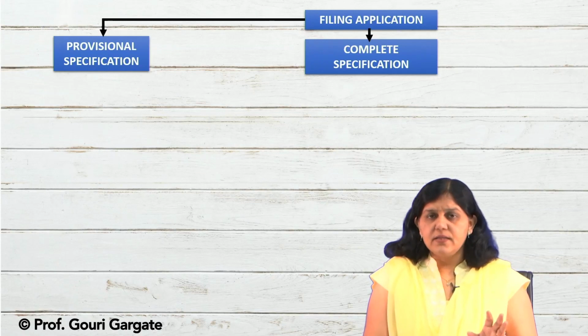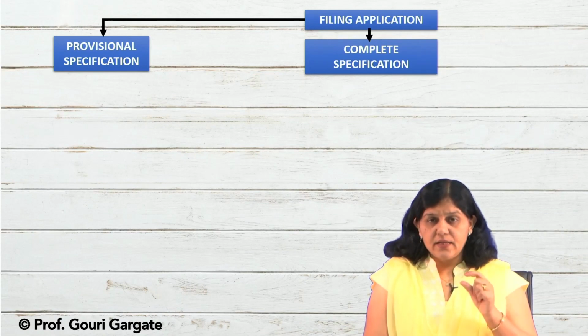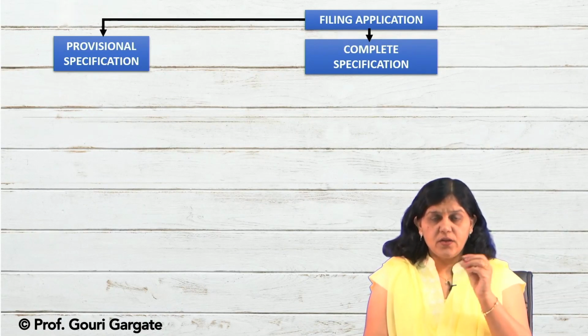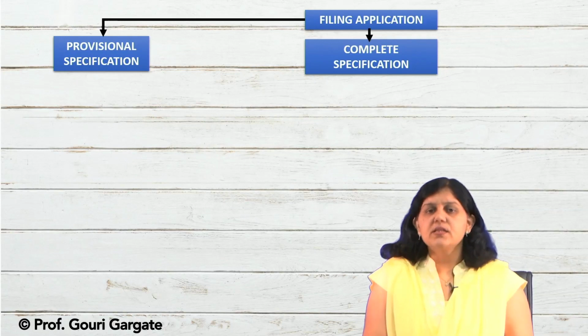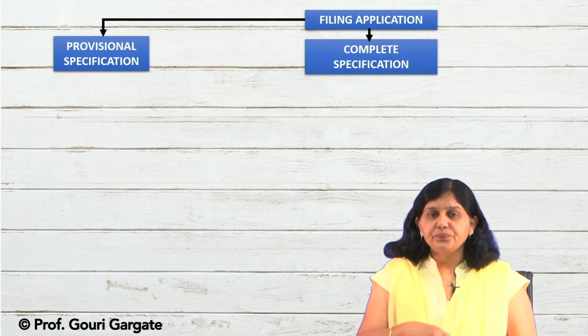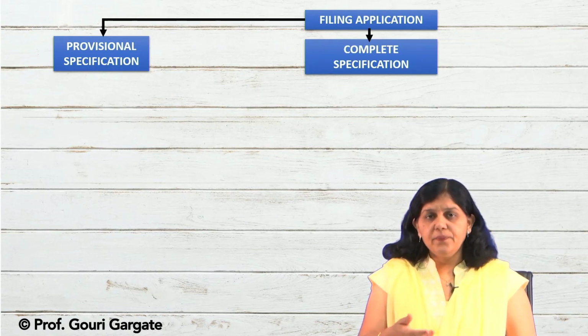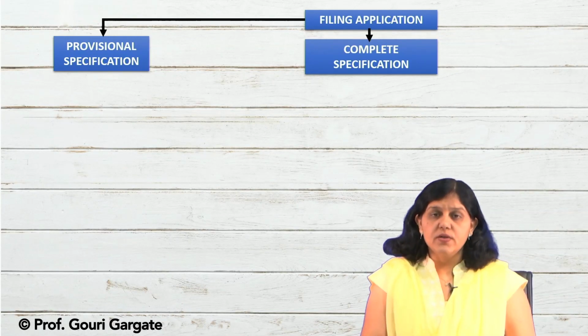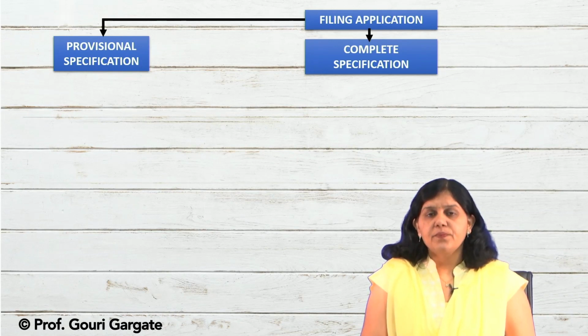The other way is online filing. We have seen the IP India site, where in the patent office site there is a comprehensive e-filing. If you just type IP India in the browsing window, you will go to the IP India site, and there you can note the words comprehensive e-filing.